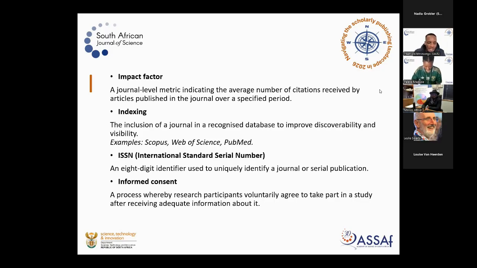ISSN, an International Standard Serial Number, is an 8-digit identifier used to uniquely identify a journal or serial publication. Informed consent is a process whereby research participants voluntarily agree to take part in a study after receiving adequate information about it.